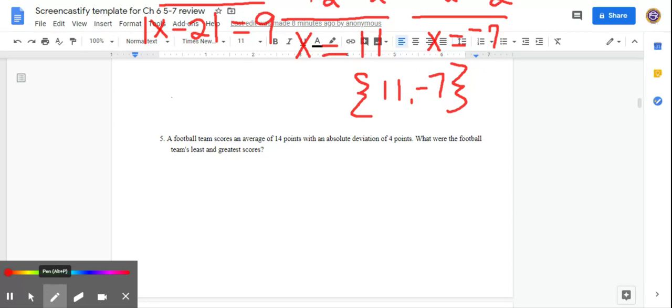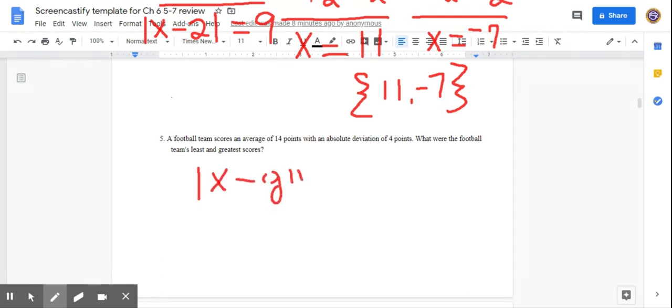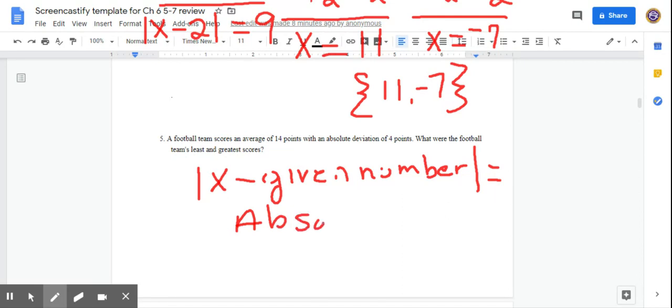We can use a formula. The formula, remember, is the absolute value of x minus a given number. That's going to be in the word problem, so all you have to do is find it. And that's going to equal the absolute deviation, which is also going to be given to you.